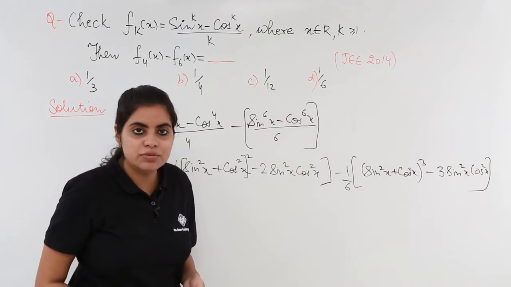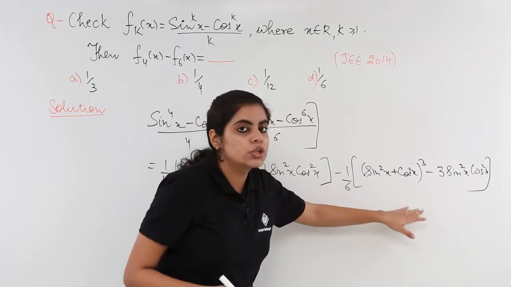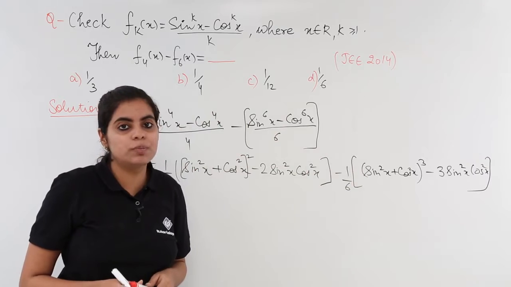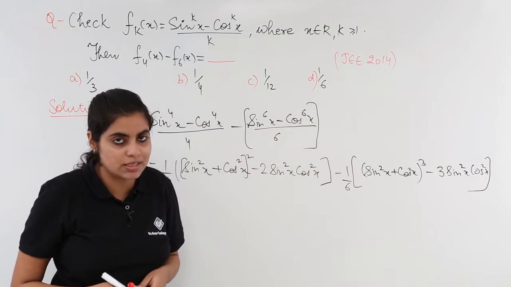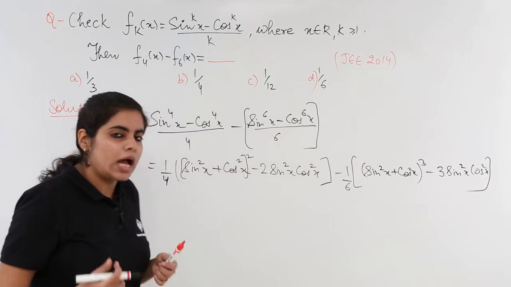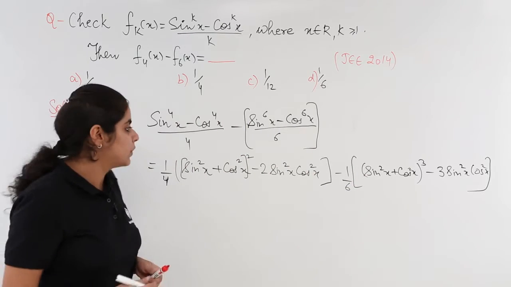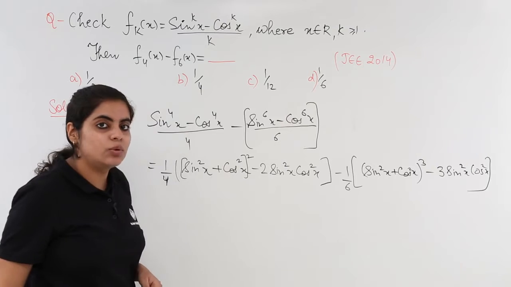Again, how did we get this formula? You open it, you find that this formula's answer matches with sin raised to the power 6x minus cos raised to the power 6x. Now what happens is, I know one more thing, sin square theta plus cos square theta is equal to 1. So sin square x plus cos square x is equal to 1.